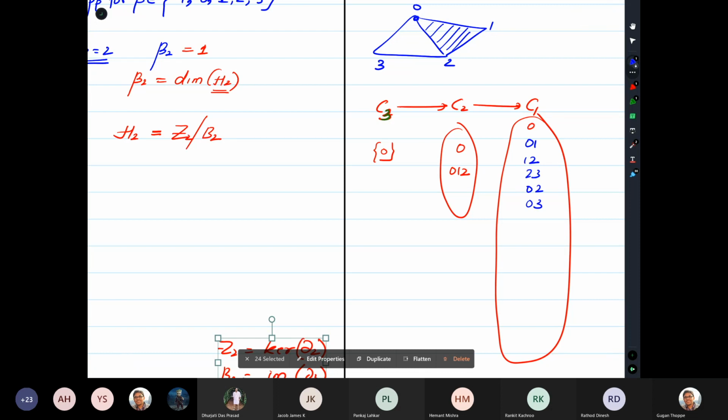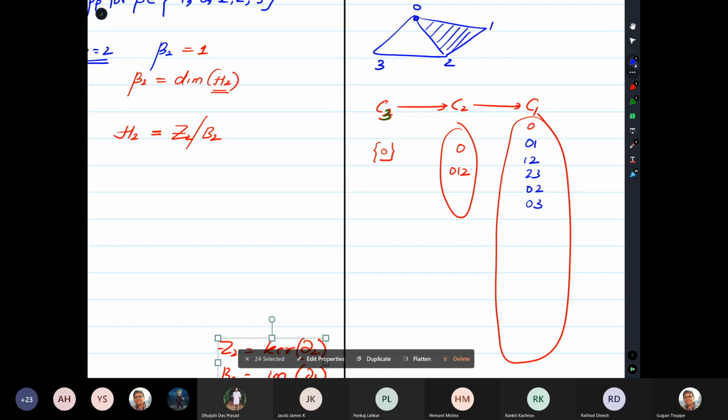Are there some more? 5 edges, sir. Yeah, 5 edges, that's it. But is C1 a set which only includes 5 edges? C1 is a set of one chains. Have you accounted for all one chains? I mean, individual vertices as well.